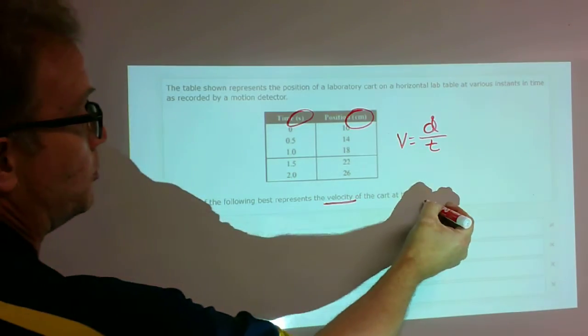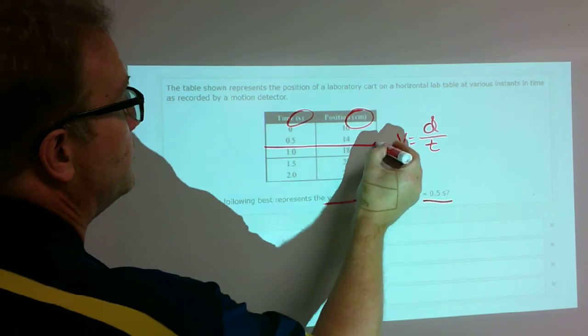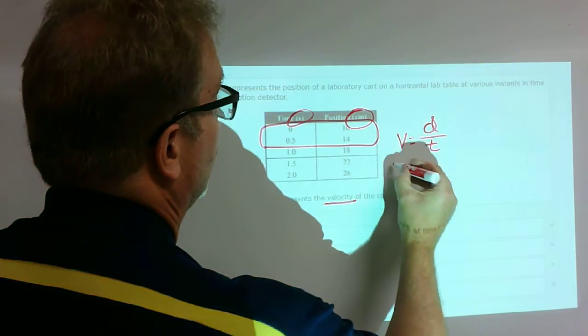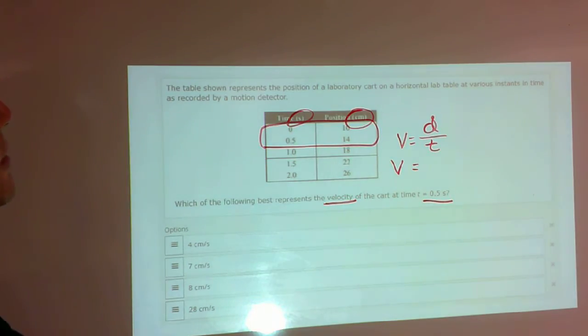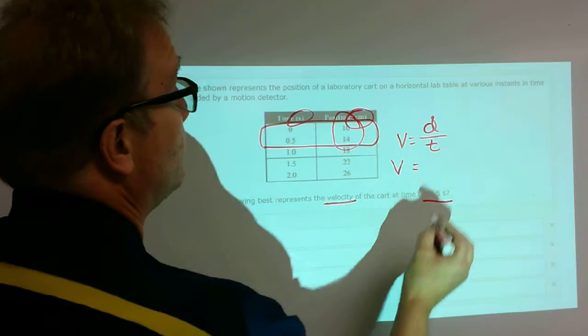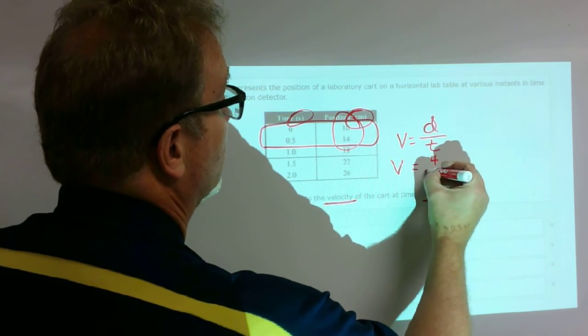Now when it says 0.5 seconds, I'm just going to focus at my beginning to where I am measuring. So if I do that, my velocity is going to be my change in distance, which is from 10 to 14, which is 4.